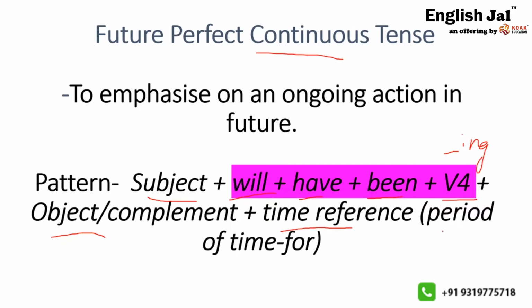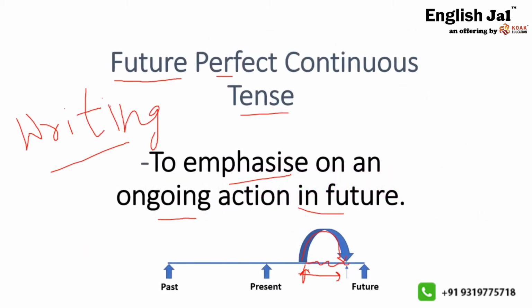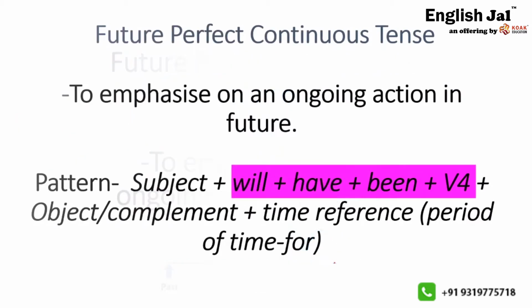Now, time reference is a period of time using for. Because as I said, the span, for how long did the action go on, from when to when. Instead of telling that, we tell the span, for 5 years, for 2 hours. So we are going to make use of for.